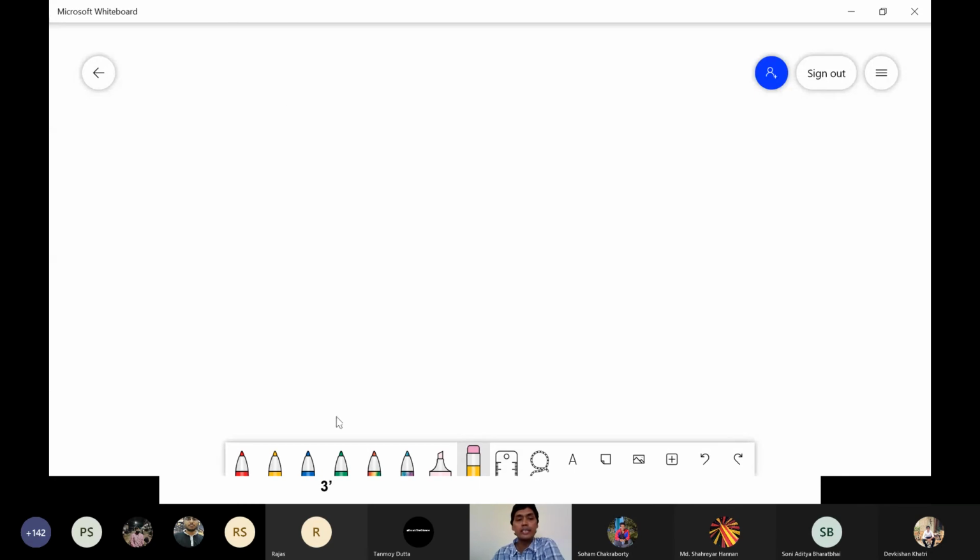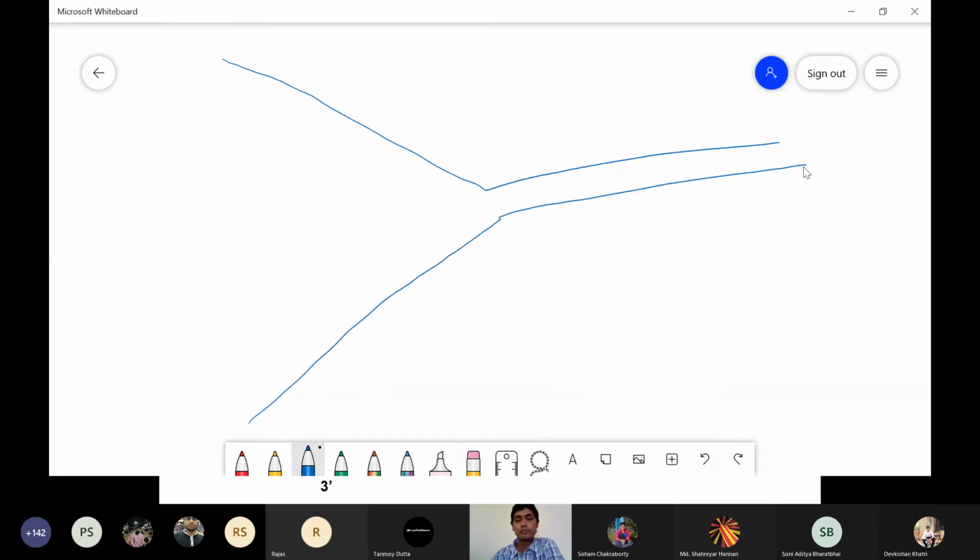So until now, what we discussed is this is the replication fork here, right?